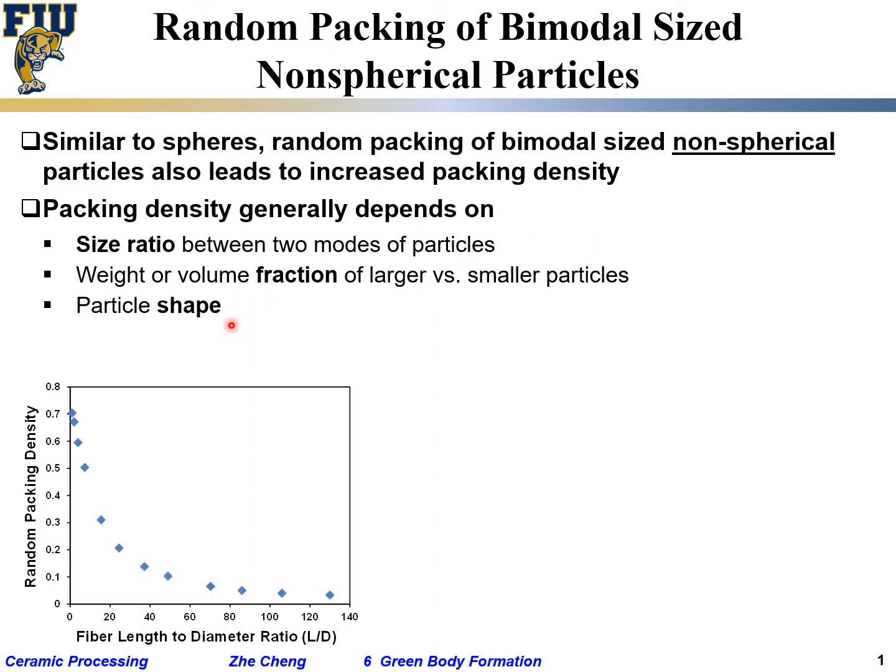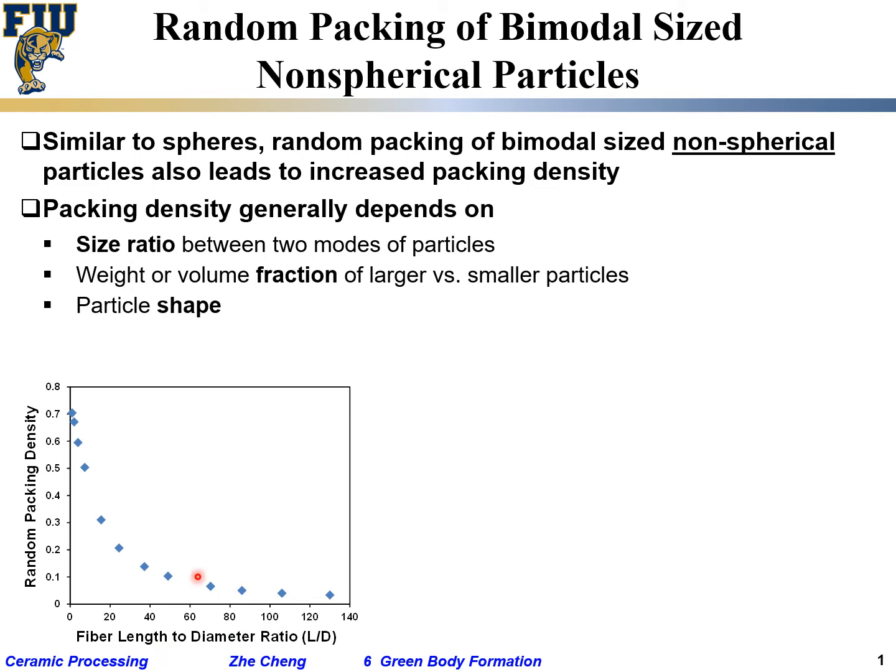Okay? So here I'm talking about fiber. Random packing density versus aspect ratio for fiber. Fiber, essentially from a geometrical point of view, is just a long cylinder, right? An ideal fiber is just a long cylinder.